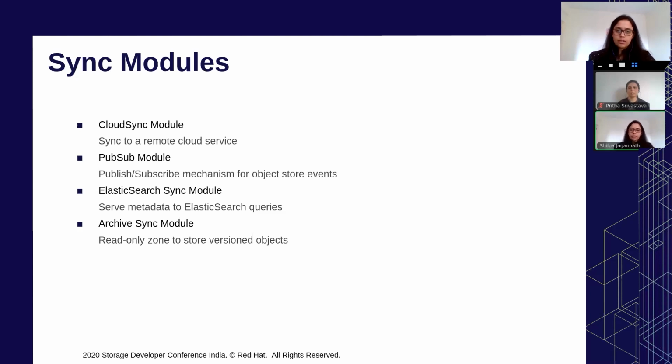And the last one is the archive sync module, which is a read-only zone to store a history of versions of S3 objects. It's actually not meant to serve the user directly; its purpose is just to store the versions of different objects, as Rita had already covered on the other slides about object versioning.